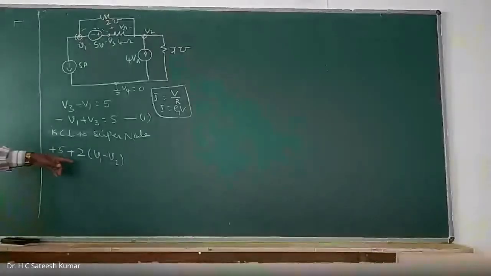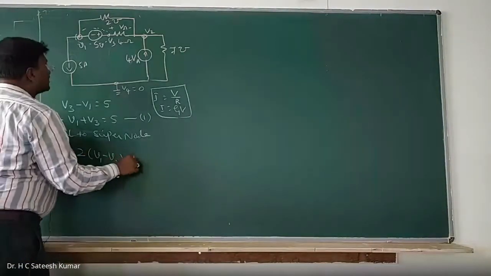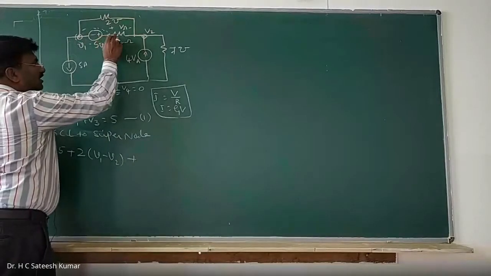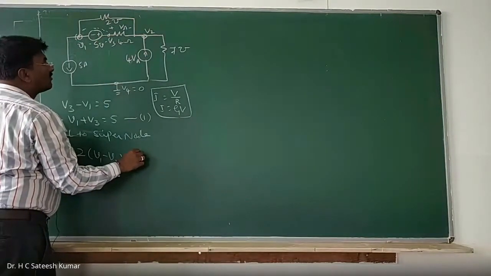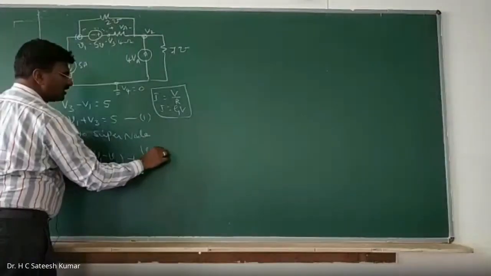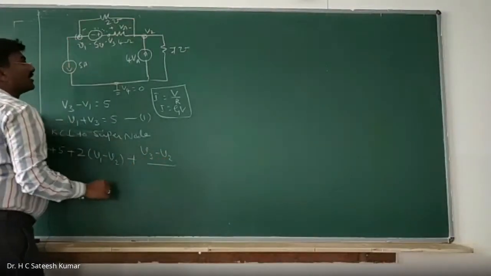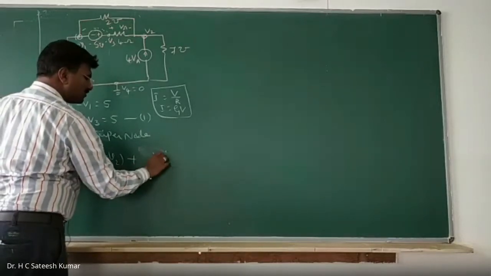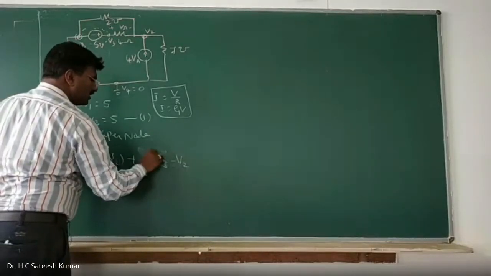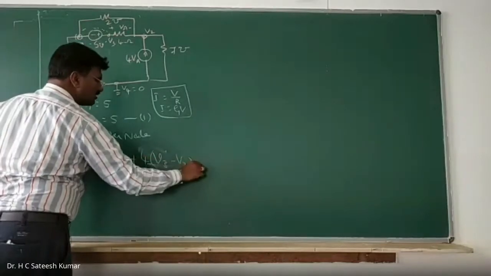So 2 into V1 minus V2 I have written, plus this element, V3 minus V2 into 4, is equal to 0.